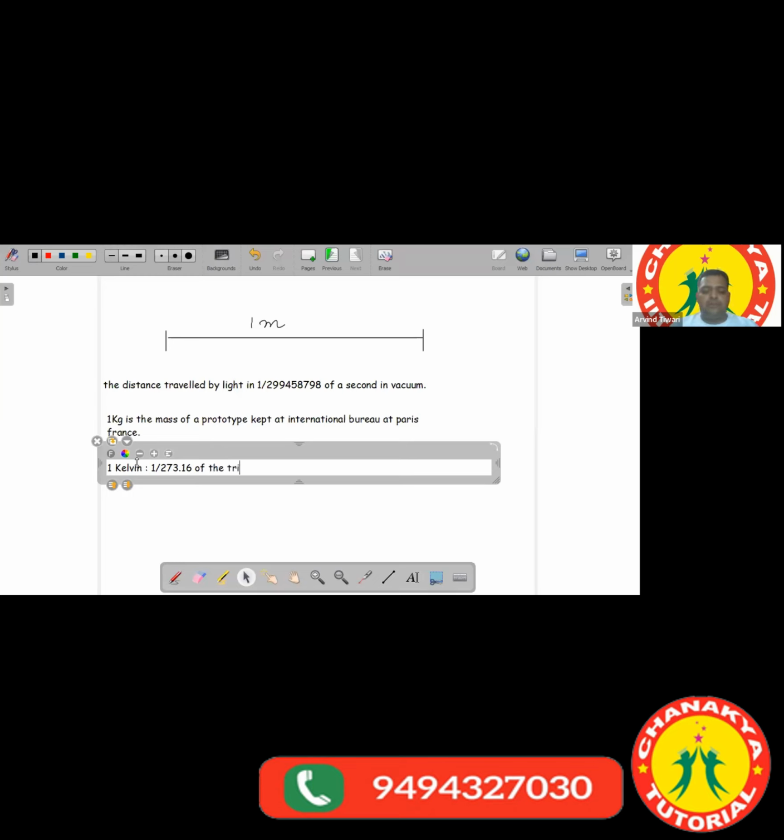So, what do you mean by triple point of water? One Kelvin is defined as 1 over 273.16 of the triple point of water. So, let's see what the triple point of water is.